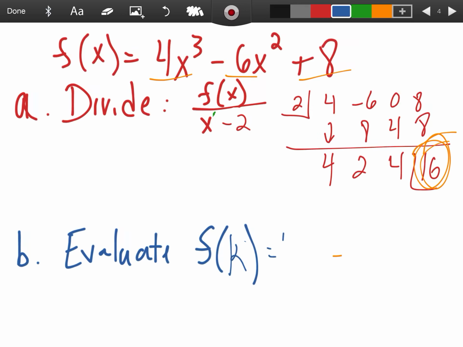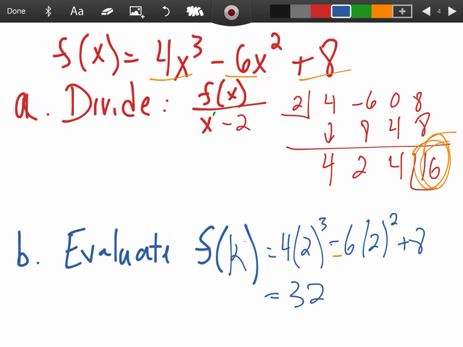So here I'll plug in 4 times 2 cubed minus 6 times 2 squared plus 8. 2 cubed is 8, so that gives me 32. Minus 6 times 4 is 24, plus 8. 32 minus 24 is 8, plus 8 is 16. So we can see that this remainder theorem definitely works.